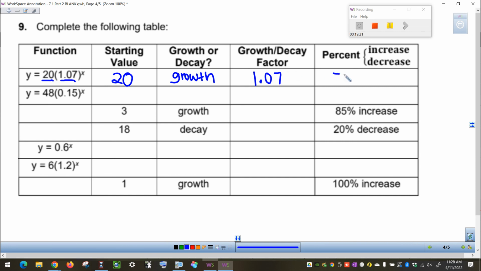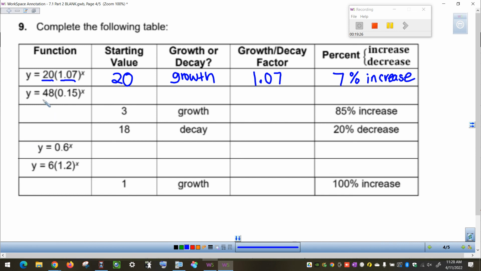And that's going to correspond with a percent increase of 7%. So remember from Friday, if we are going from a growth factor to a percent increase, this is where we need to subtract 1 or ignore the 1, and then turn that resulting decimal into a percent. Just looking at what's the percent increase amount that's happening on the end of the 1.